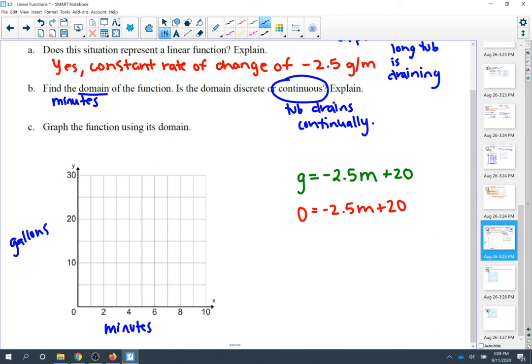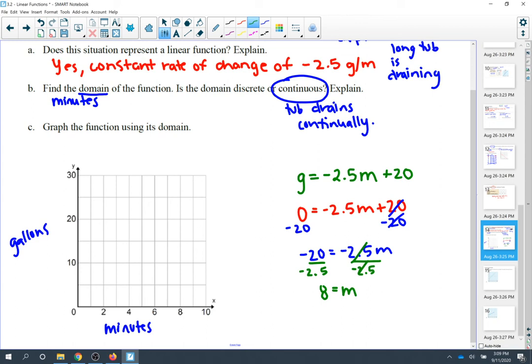If we solve that, we subtract 20: negative 20 equals negative 2.5m. Then I divide both sides by negative 2.5, and I get 8 equals m.